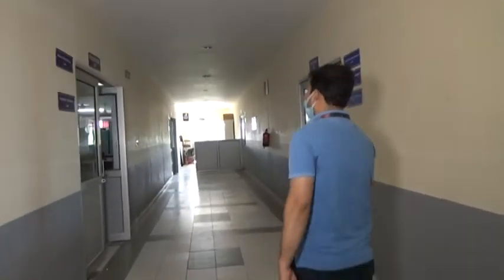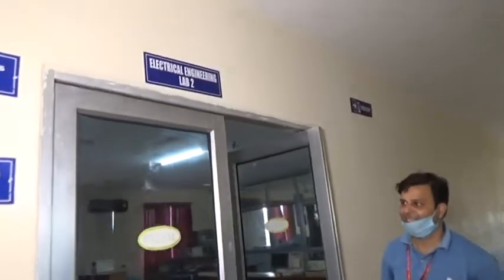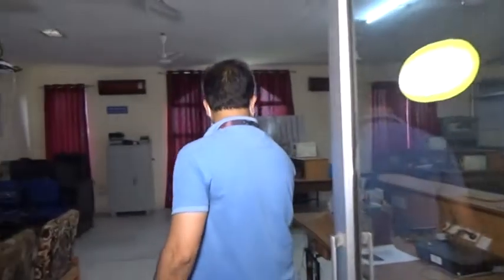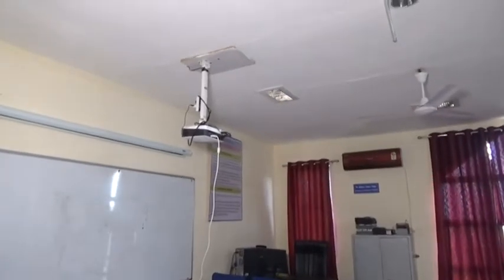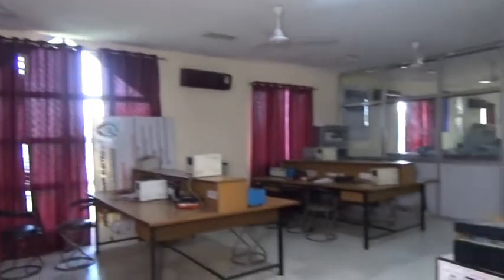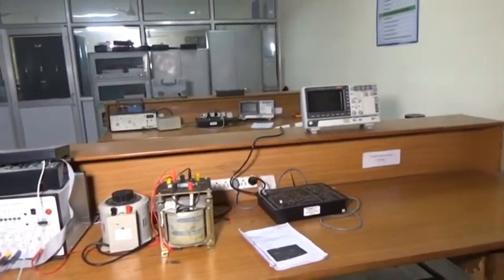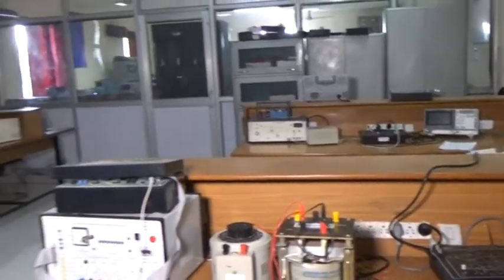Now we are heading towards electrical engineering lab 2, which comprises power electronics and computer control system lab. We do have the projector installed for the students for online learning, and these are the certain equipments which are being used for power electronic practicals and control system practicals.